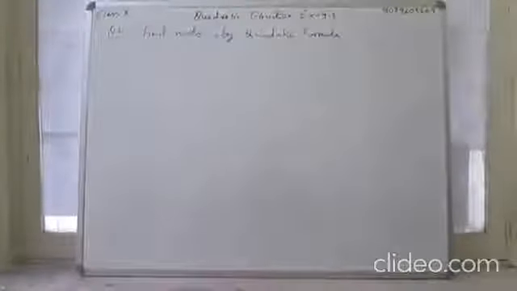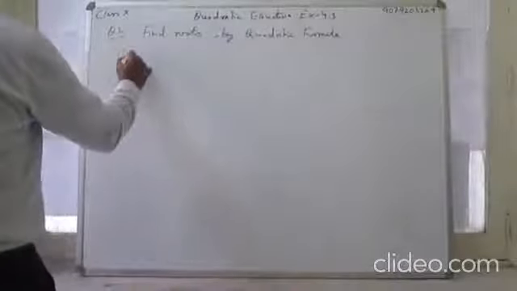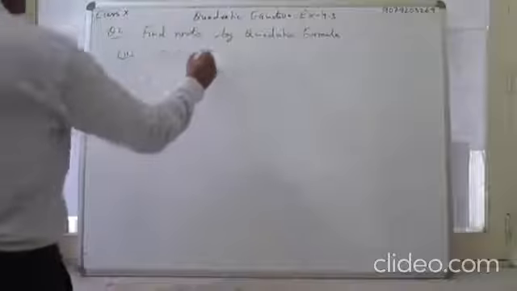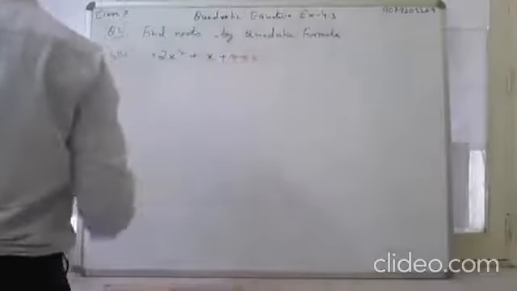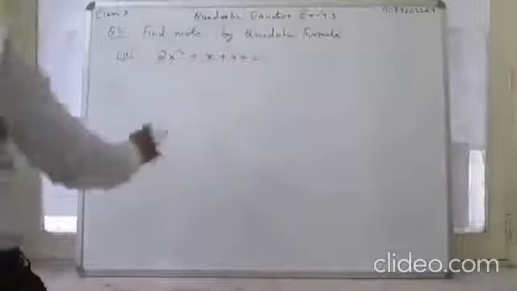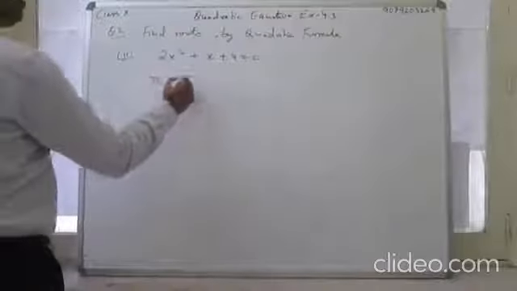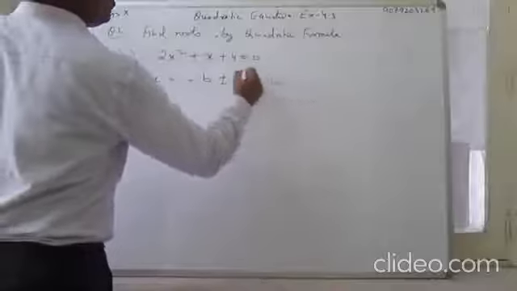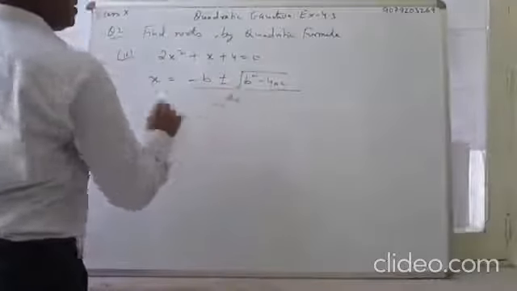Question 2, fourth part. The equation given to you is 2x square plus x plus 4 is equal to 0. Use the quadratic formula. So write the quadratic formula: minus b plus minus under root b square minus 4ac upon 2a.